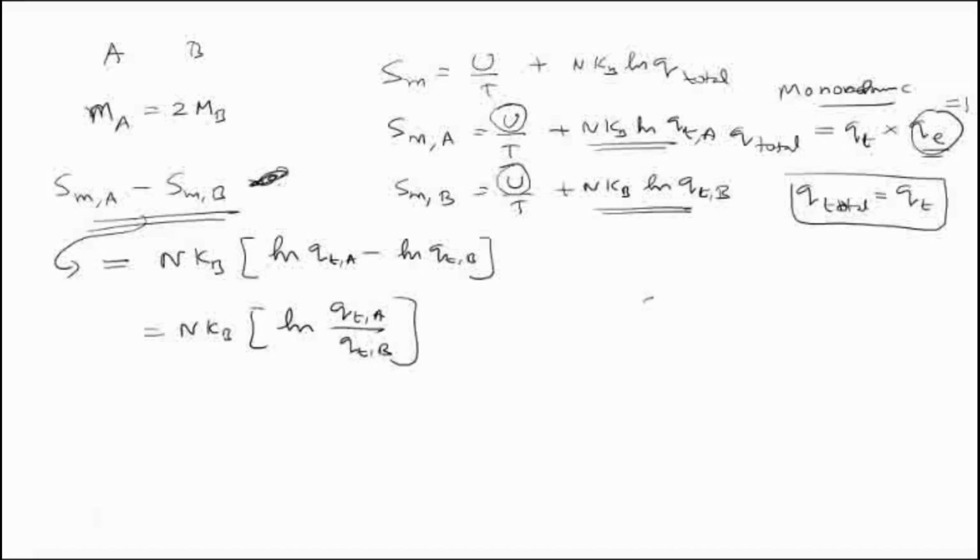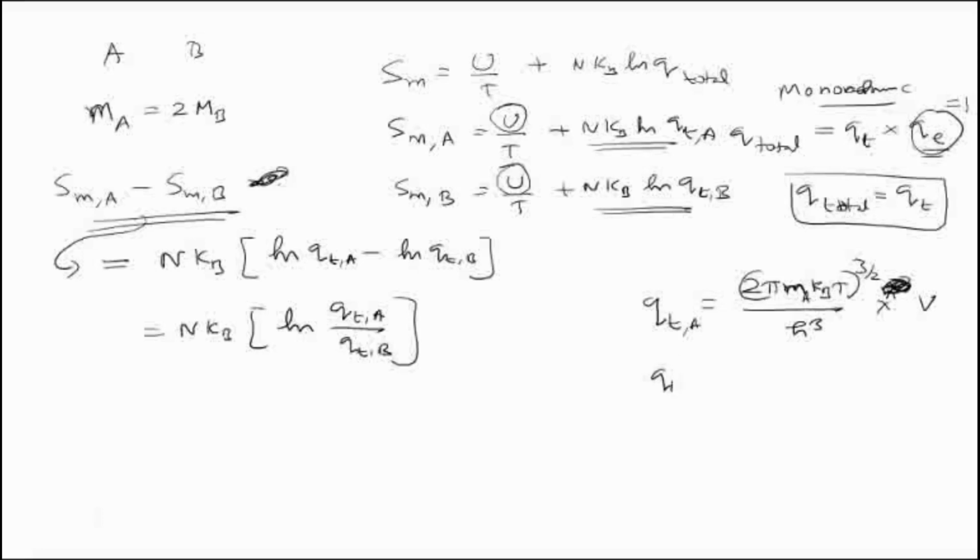Okay, and what is the expression for the translation partition function? Translation partition function is equal to (2 pi m kBT) whole power 3 by 2 by h cube, into volume V. And here it is given that except mass, the mass of gas A, or molar mass of A, is twice the molar mass of B. All other things are constant.